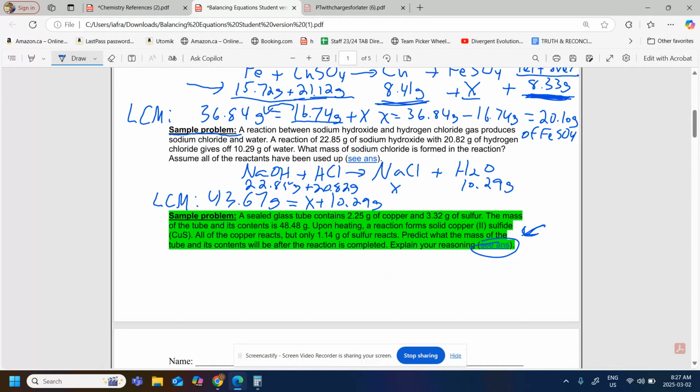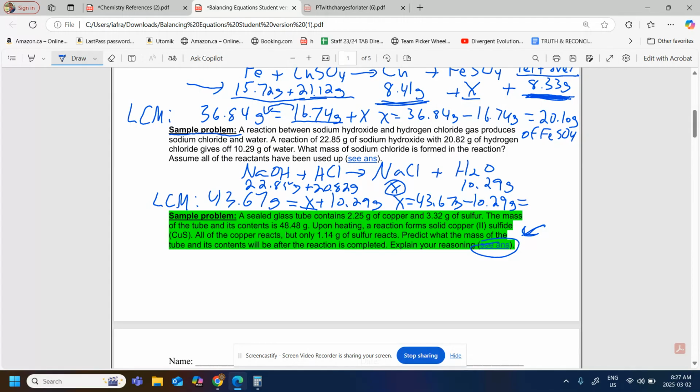And so what we're going to do now is solve for x, because that's what we're trying to find here, the mass of sodium chloride. So x is equal to our 43.67 grams minus 10.29 grams.